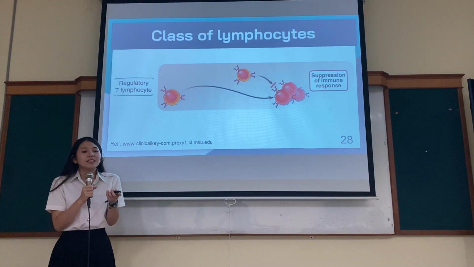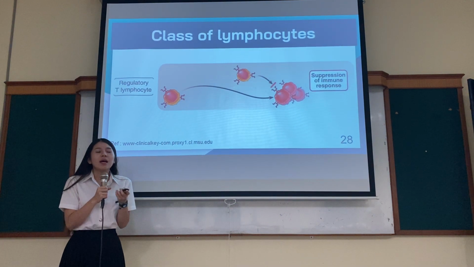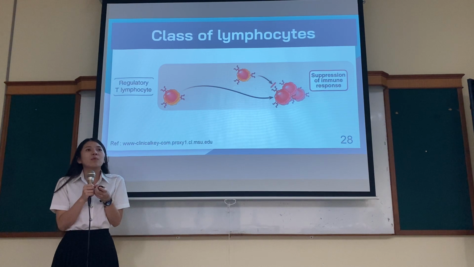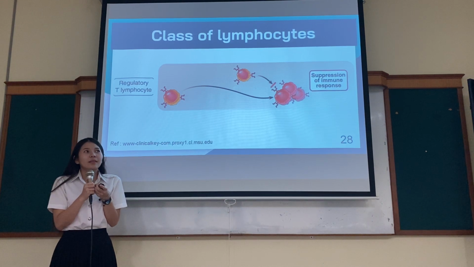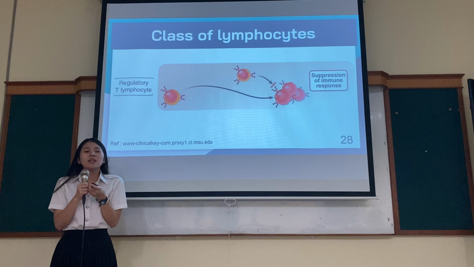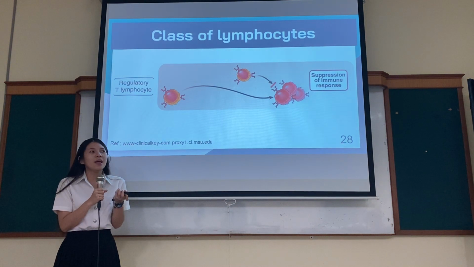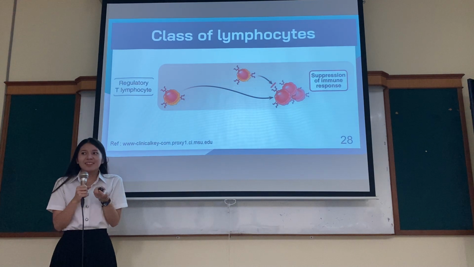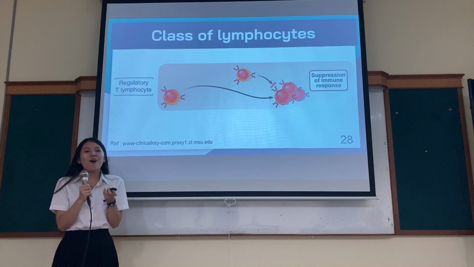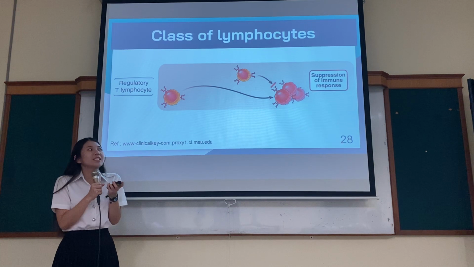The last type is regulatory T cell. It plays an important role in the inhibition of other lymphocytes, especially of T cell, and prevents autoimmunity.